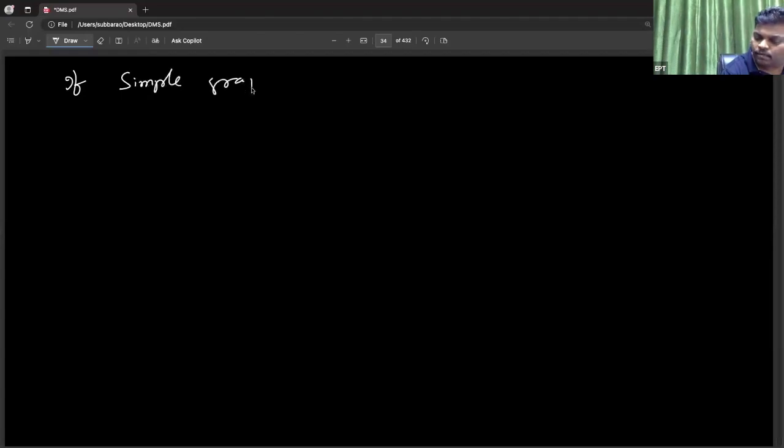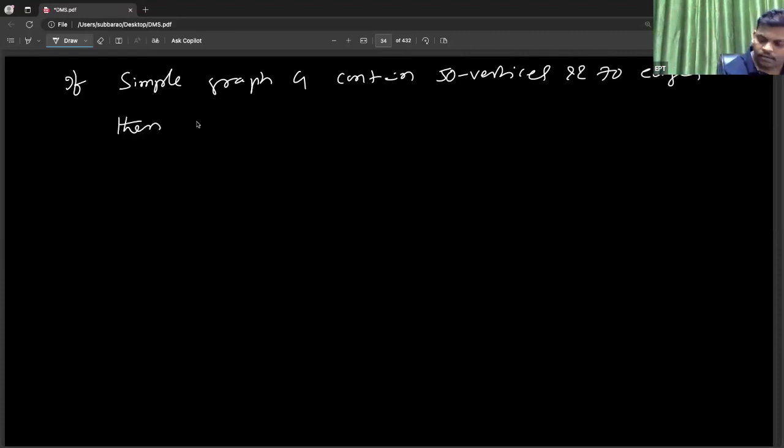If a simple graph G contains 50 vertices and 70 edges, then how many edges are in G complement? You can easily do that.